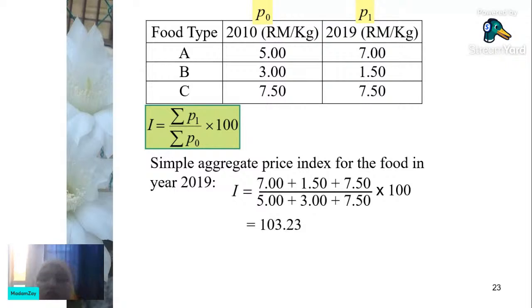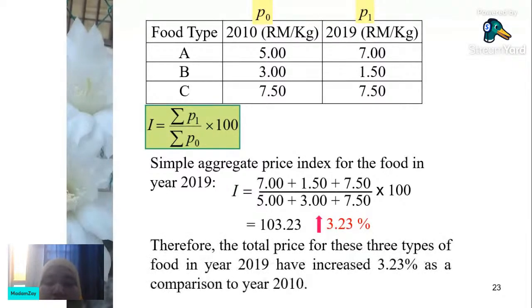So we have 103.23. How to explain? It increased by 3.23%. Therefore, the total price of these three types of food in 2019 has increased 3.23% as compared to year 2010. Okay, so that's the simple aggregate price index.